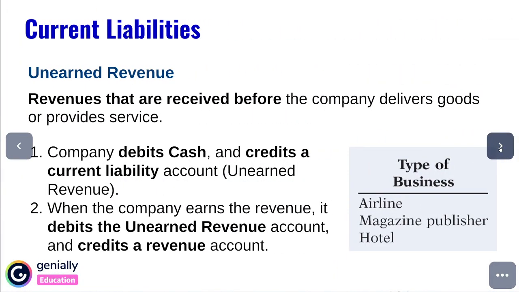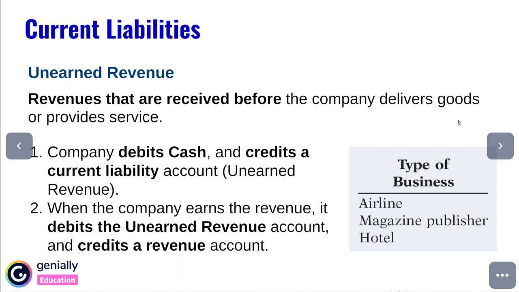However, we have to consider another current liability, which we call unearned service revenue or unearned revenue. These are revenues received before the company delivers goods or provides a service. For example, an airline sells you an air ticket.